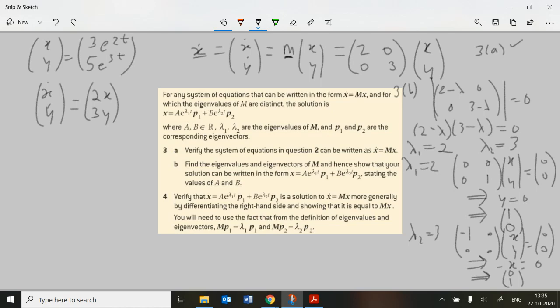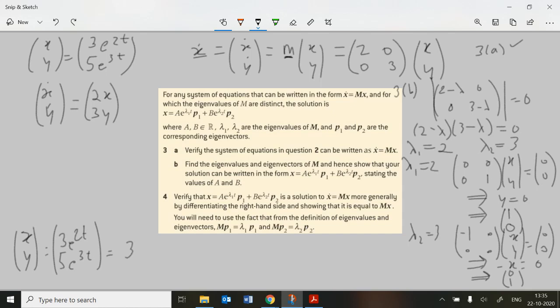Okay, and so for the hence part, we need to show that your solution can be written like this. So let's take the solution. The solution was this. So we've now got x, y was equal to 3e to the 2t and 5e to the 3t, but it's also supposedly equal to this. So we need to come up with this then. So what's a going to be equal to?